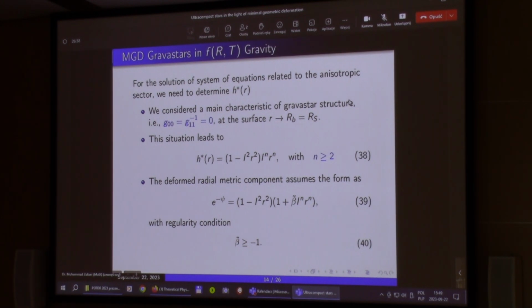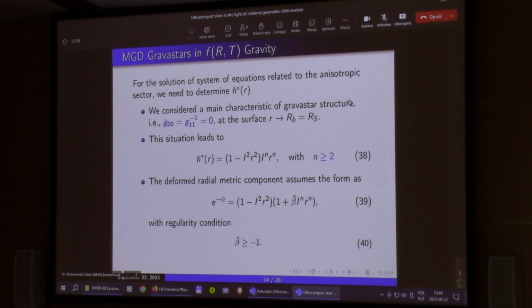To calculate G static, we consider the main characteristic of the gravastar structure, which is just G00 and the inverse of G11. This is equal to 0 at the boundary. If we put up this condition, then we find the expression for G static as given in equation number 38, where n is expected to be greater than or equal to 2.